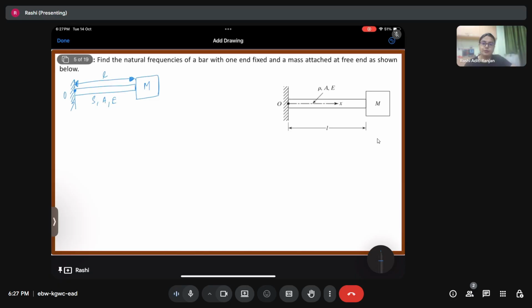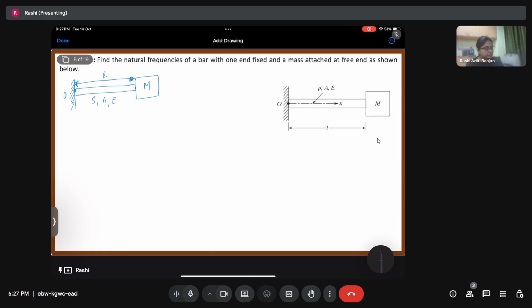So how are we going to deal with this problem? First thing is clear that we need to model it as a continuous system. If we are modeling it as a continuous system, then we are going to get a partial differential equation, and then we'll be using those partial differential equations to find out the natural frequencies. So firstly, what is the equation for a bar with one end fixed and the other end free?